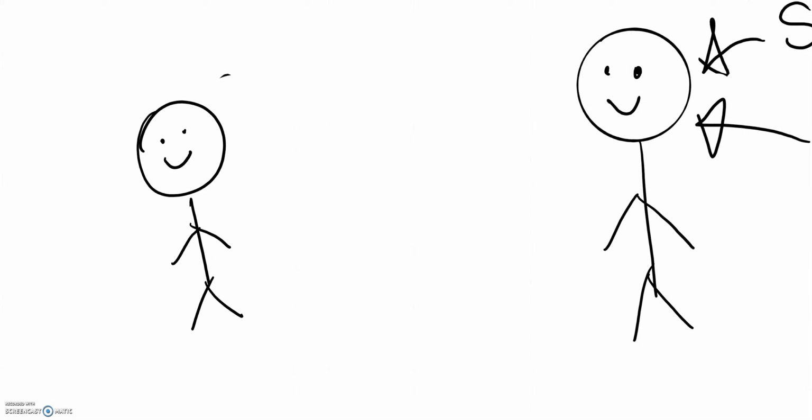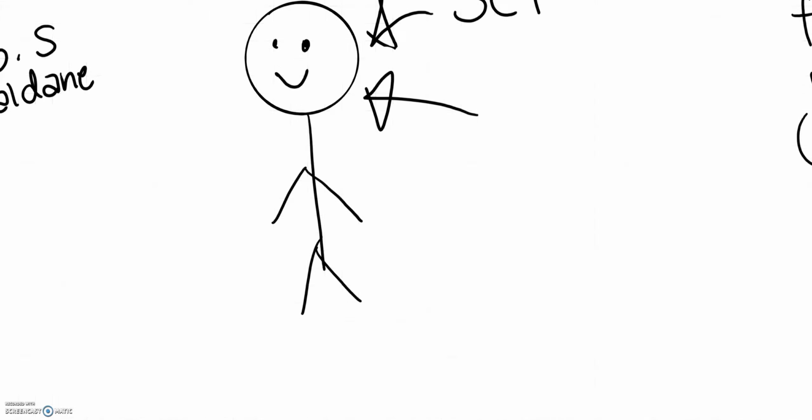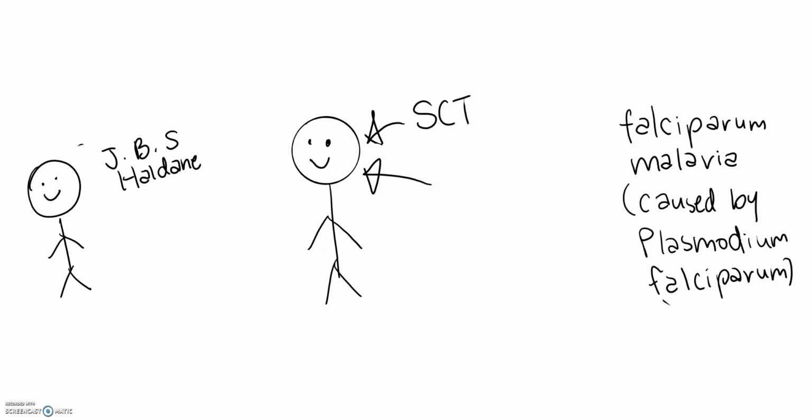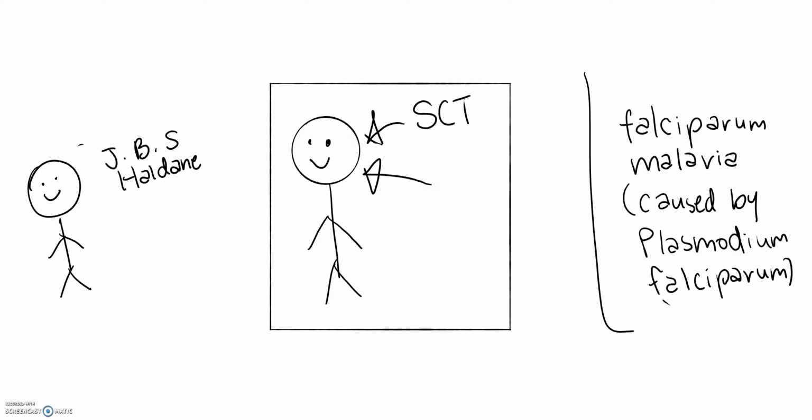His name is JBS Haldane. He was the first person that presented a case similar to this, speculating that based on their DNA, the risk of death will be different for people when they're confronted by a parasitic organism, as you can see right here with the dude that has sickle cell trait and the malaria.